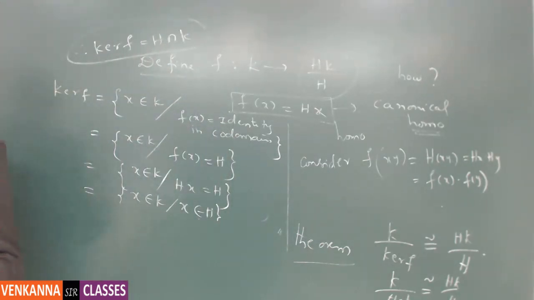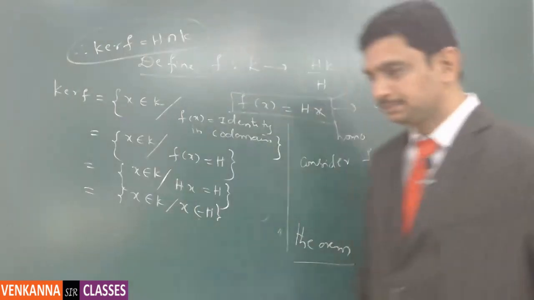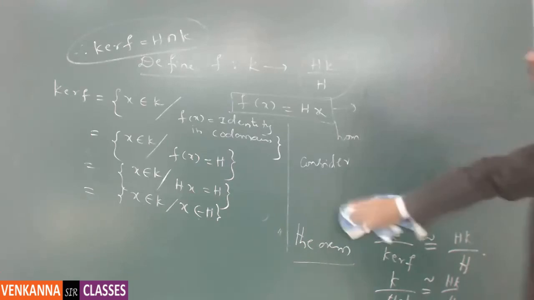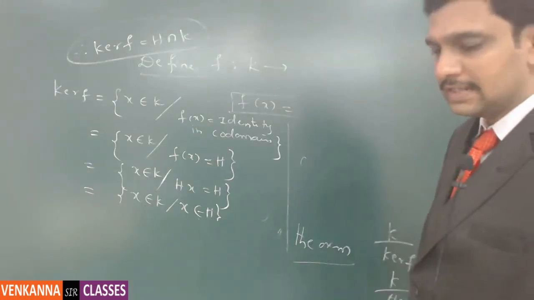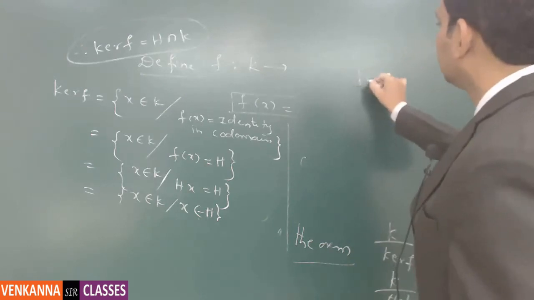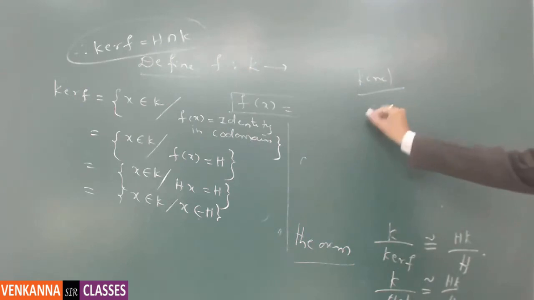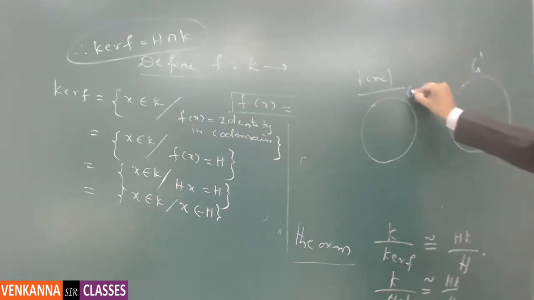Then, however, you try to imagine that, as per my words, if the video is not clear for you, the kernel is nothing but, suppose I have written the sets as, say, this is the group G, this is the group G dash.